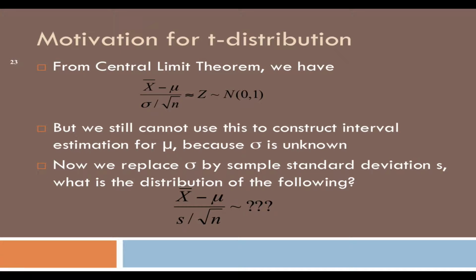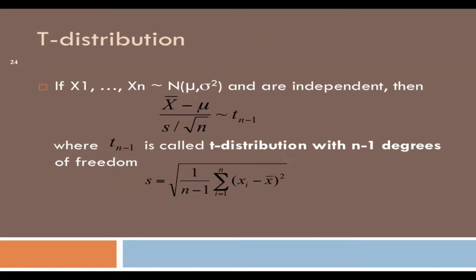Without this replacement, it is a standard normal distribution. With this replacement, is it still a standard normal distribution? The answer is no. With this replacement, the distribution is no longer standard normal.